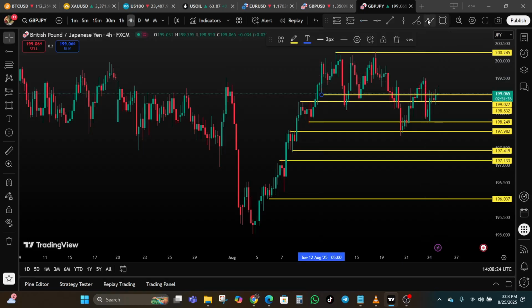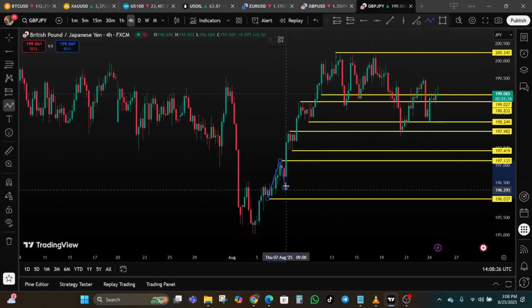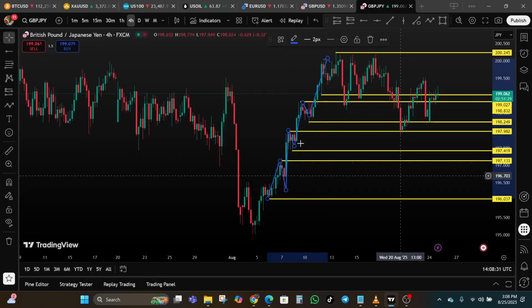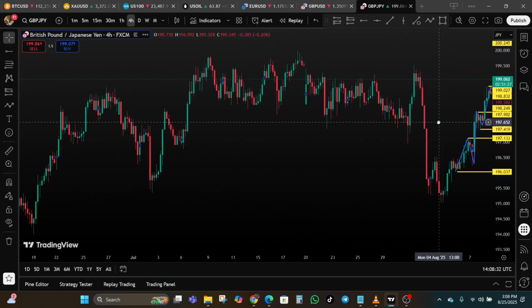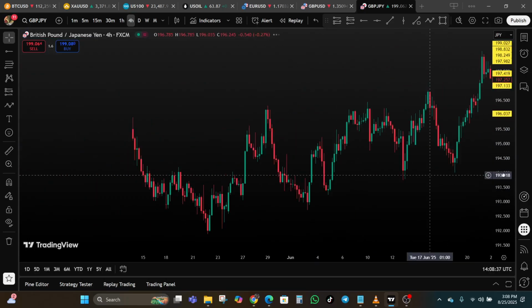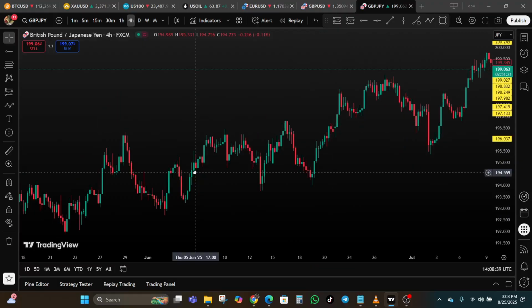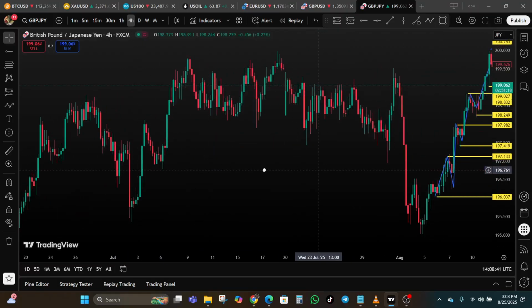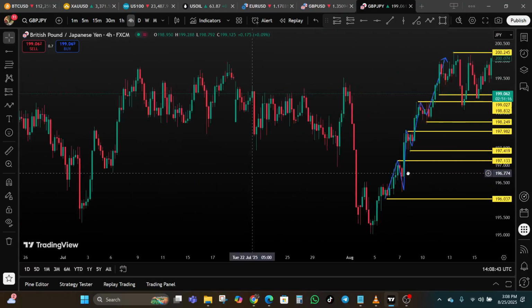So here we go. Pretty easy, right? Then for a downward trend, if the trend is really bearish, you're going to see lower highs and lower lows.